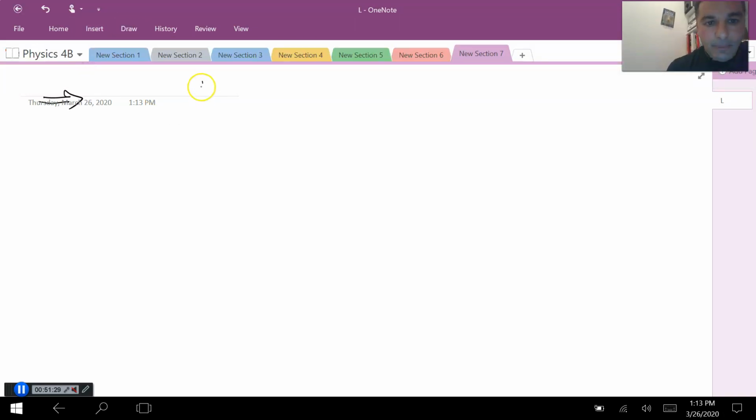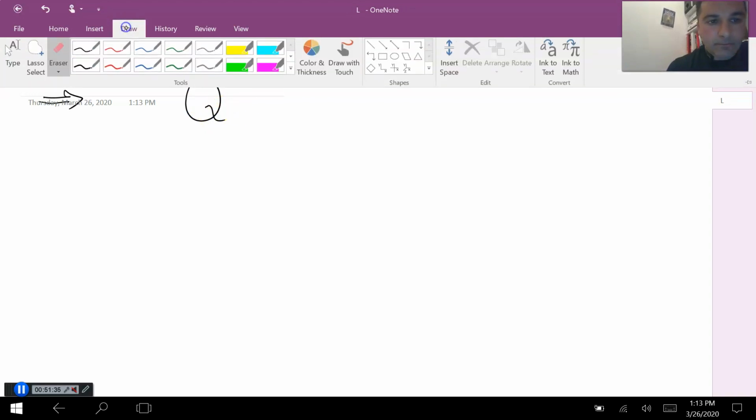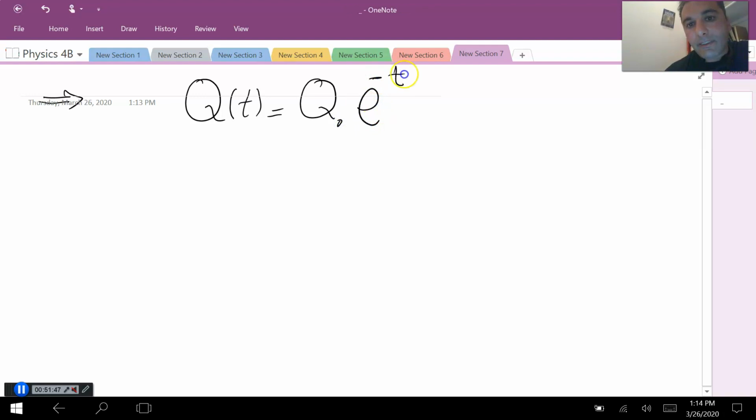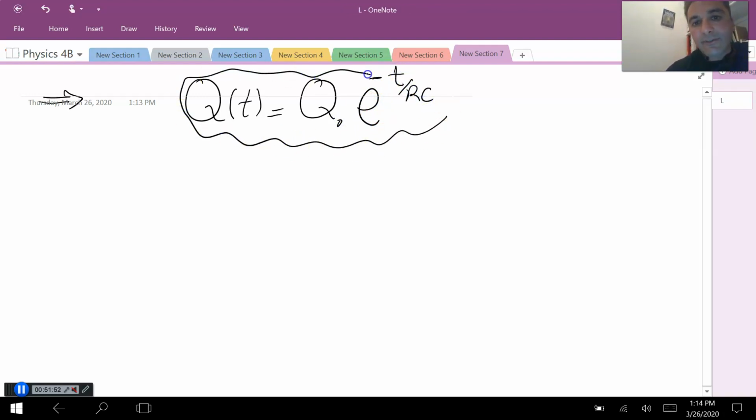Q is a function of time, so q of t equals q naught e to the power of negative t over what? RC. Sorry, q naught is the same as q max.